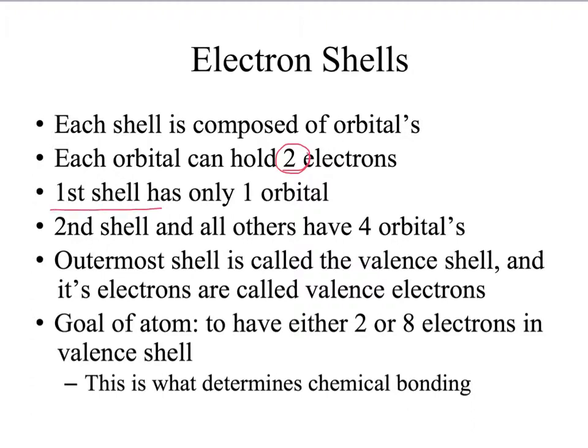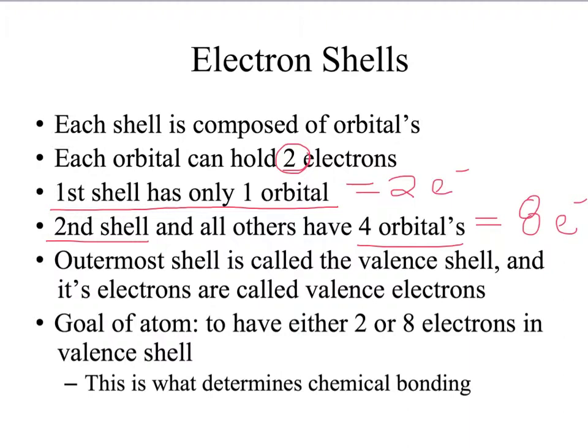The first shell has only 1 orbital. So that means that the first shell can only carry a total of 2 electrons. The second shell, and the third shell, and the fourth shell, all other shells have 4 orbitals. And if each orbital can carry a maximum of 2 electrons, then each shell, after the first shell, can carry up to 8 electrons.